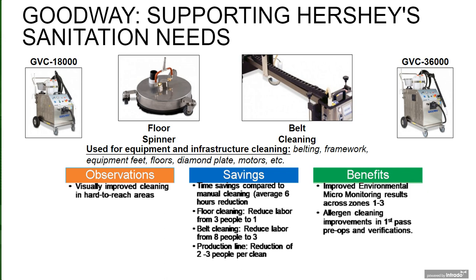And then from a labor perspective, from floor cleanings, we've reduced our labor from 3 people down to 1, utilizing the belt cleaning system. During end of production run changeovers, we've gone from 8 people down to 3. And during a regular production clean, we've reduced on average 2 to 3 people per clean. So again, significant savings from time and from a labor perspective.